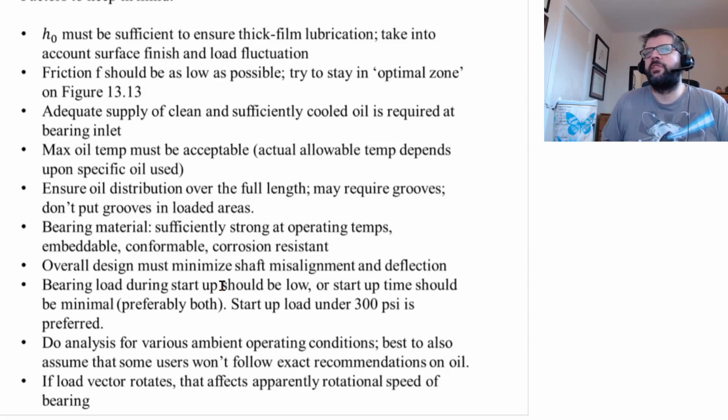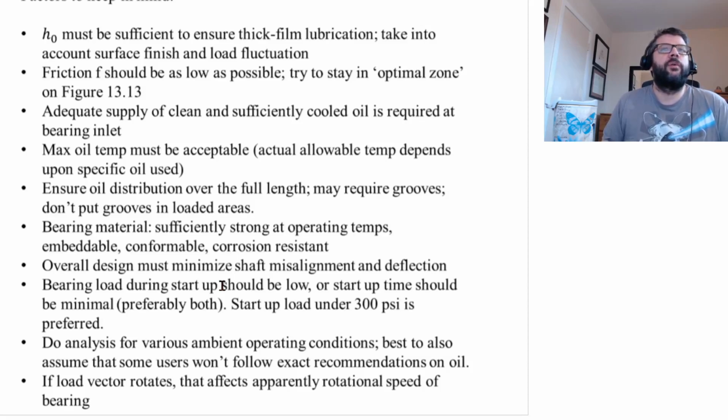So they moved to roller bearings as a result, because roller bearings don't have that higher friction at startup, and they also don't have the higher wear at startup. And then again, various ambient operating conditions.